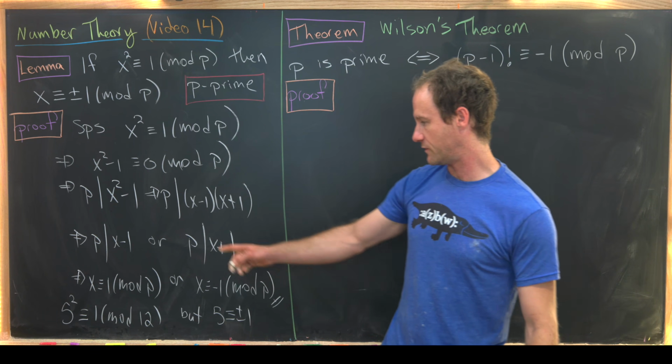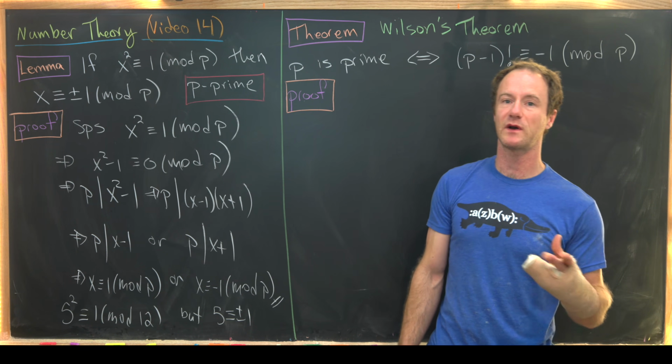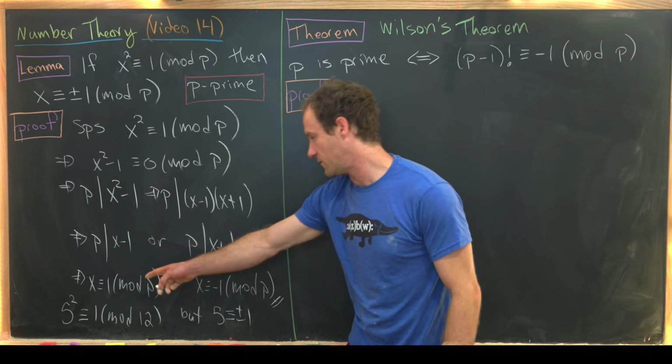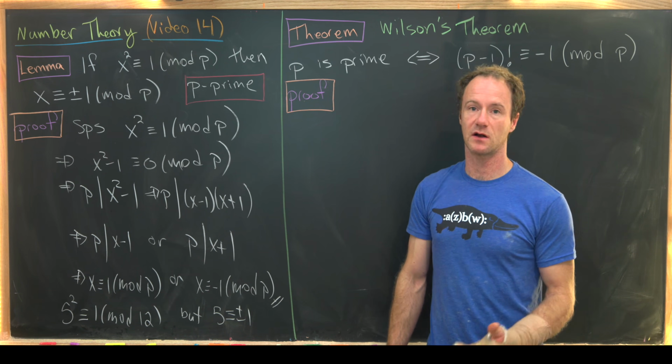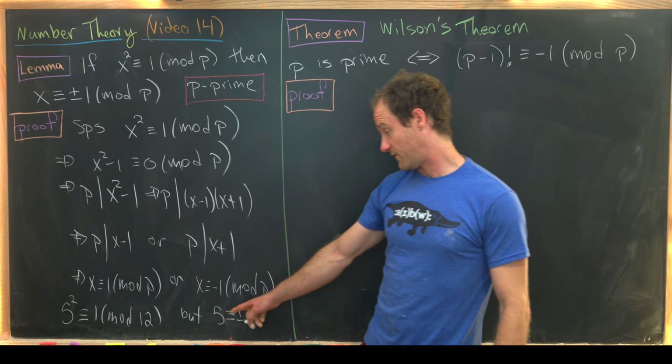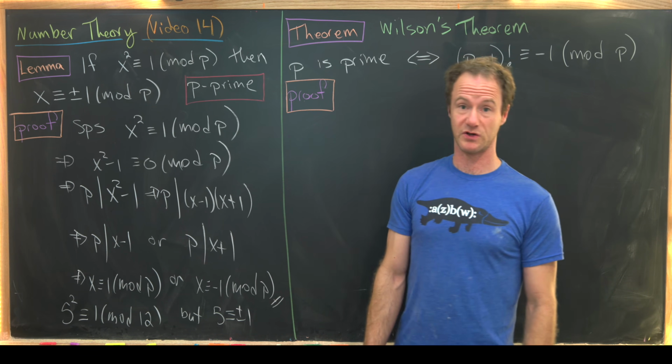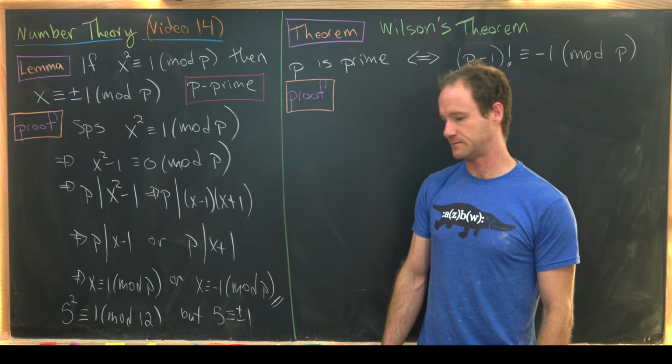Let's talk our way through that. 5 squared is 25. 25 is one more than 24. 24 is a multiple of 12. That shows that 5 squared is congruent to 1 mod 12. But 5 is not congruent to 1, and it's not congruent to 11, which is negative 1 mod 12.